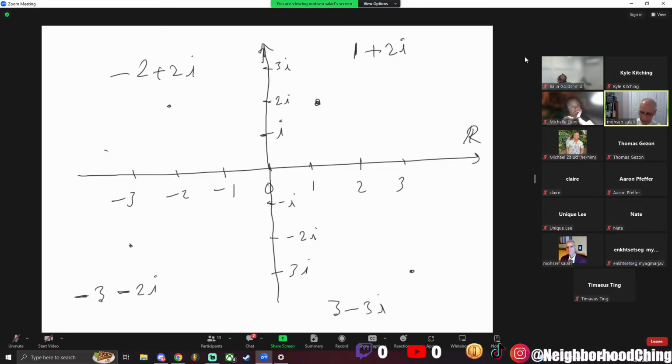But for this class, what you need to know is that this R is the horizontal, which is all our real numbers, 1, 2, 3, 4, 1.5, 1.6, all of them. And the vertical one is going to be the complex or imaginary.